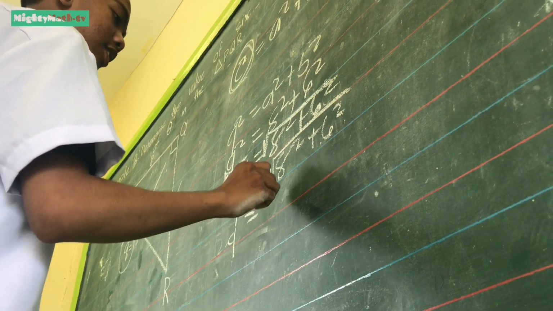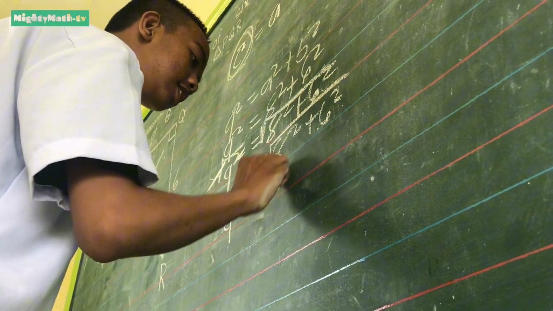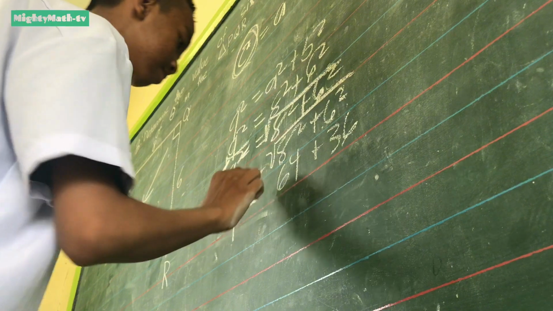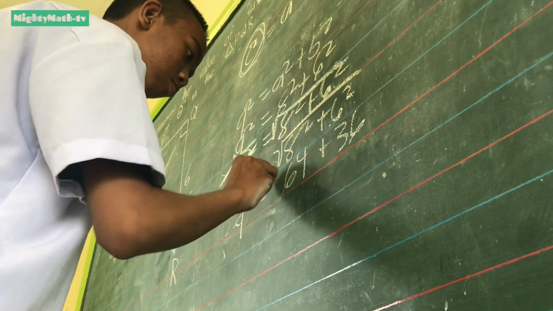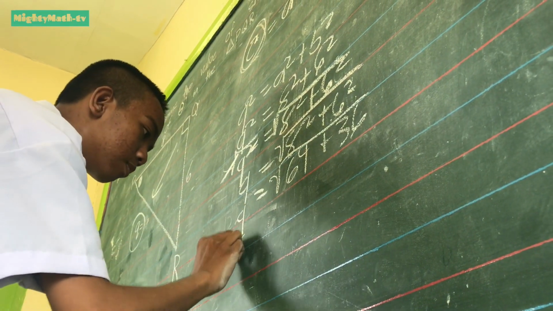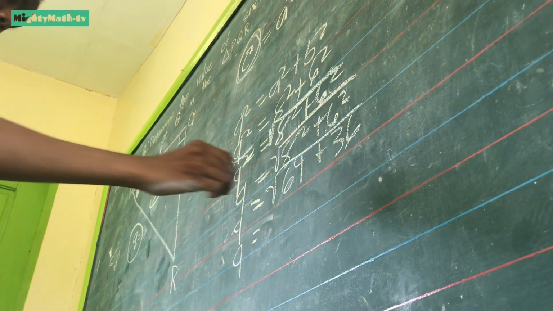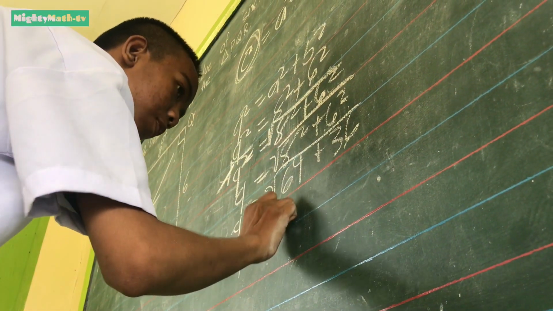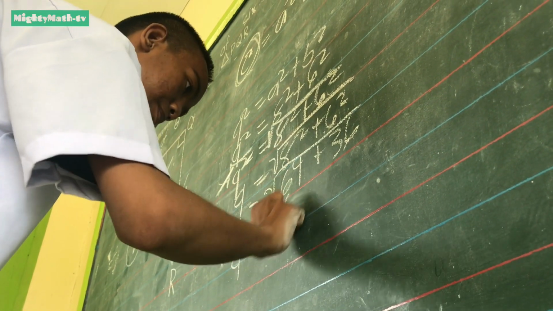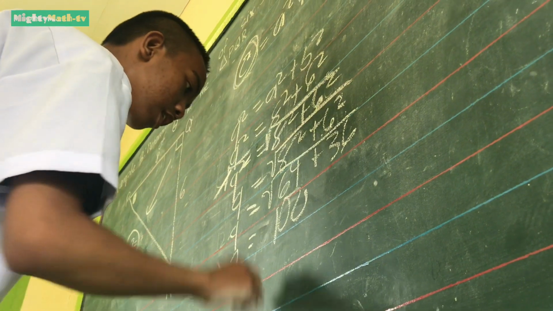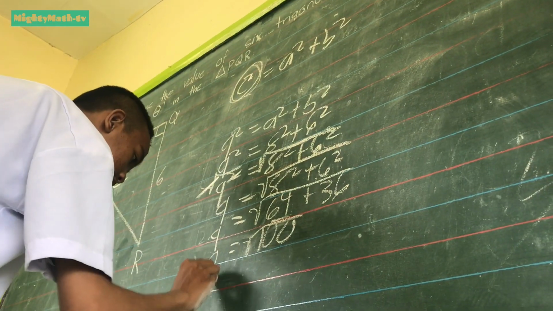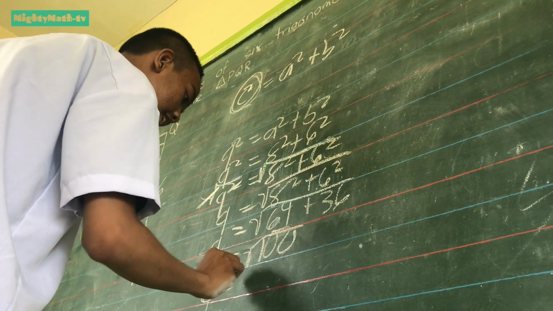And what is the square of 8? It's 64. And the square of 6 is 36. 64 plus 36 is equal to 100. And what is the square root of 100? It's 10.